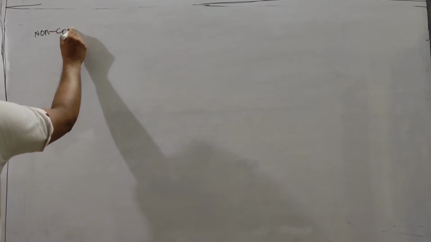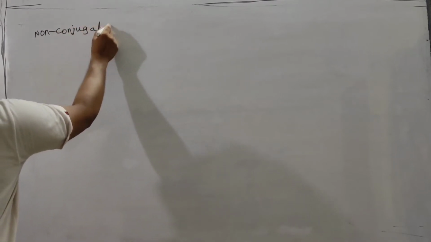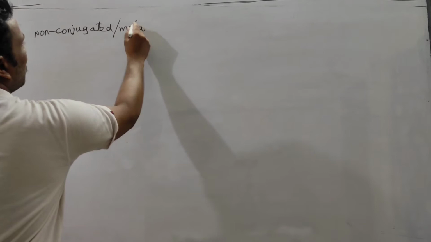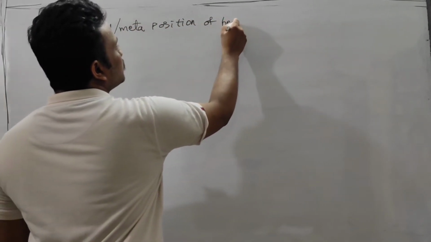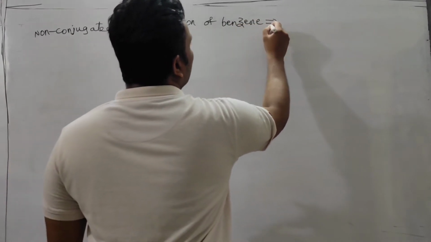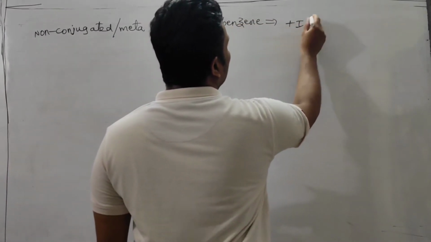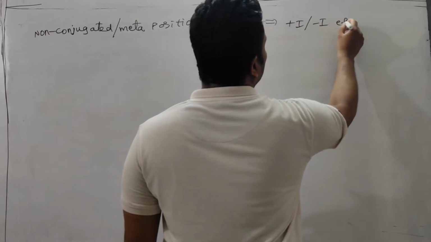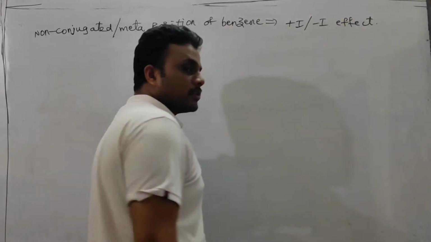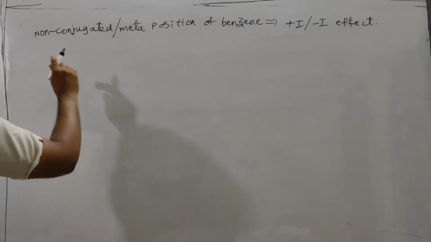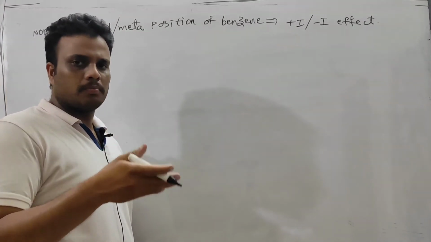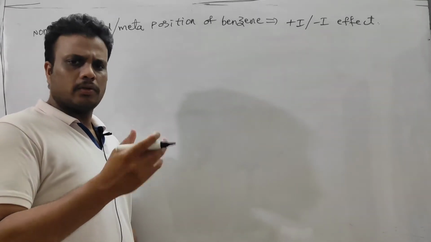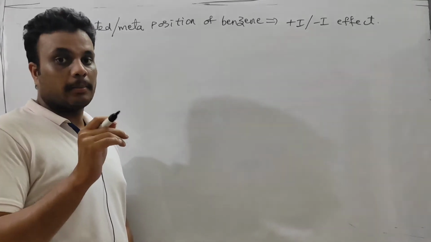If the system is a non-conjugated system or the meta position of benzene, then that group possesses only plus I or minus I effect, because at the meta position there is no resonance effect. We know, you draw the resonating structure of any compound, nitro group with benzene ring, nitrobenzene, aniline, there is no charge at the meta position.